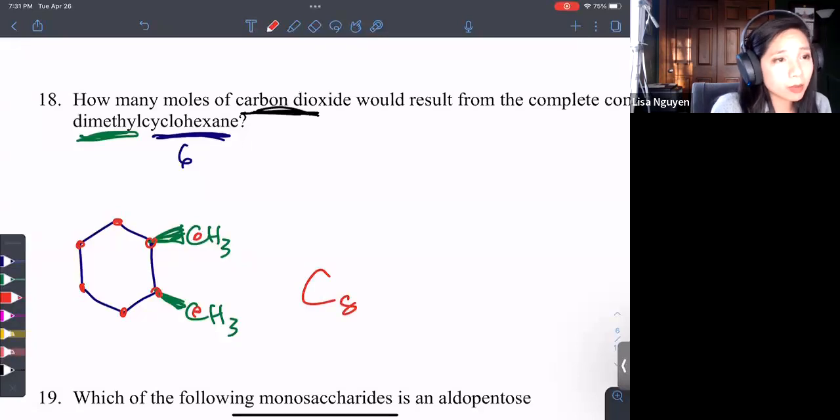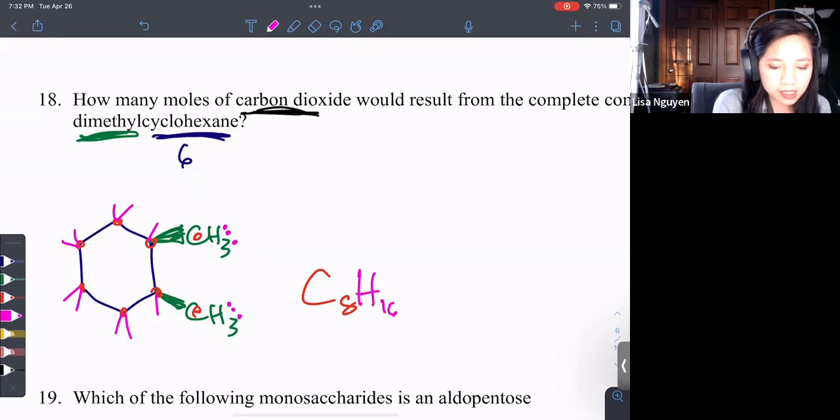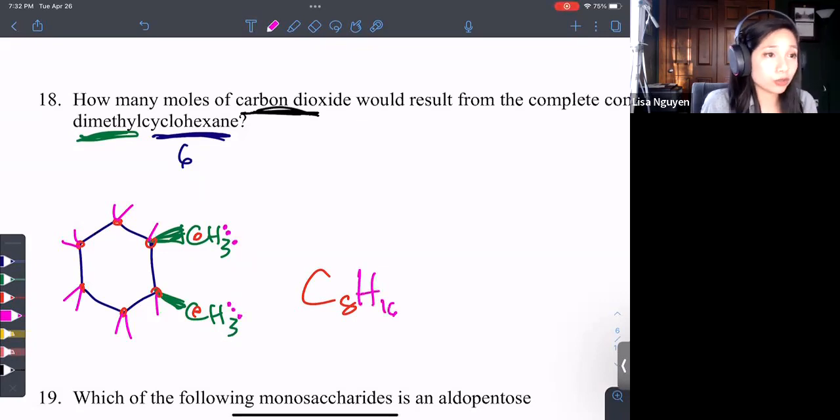And then we can get the number of hydrogens. Well, actually, we don't need the number of hydrogens here since we just need moles of CO2, but let's do this for completeness. So hydrogens, there's 2 on all of these carbons. So 8, 9, 10, 11, 12, 13, 14, 15, 16. There should be 16 hydrogens. So there's my chemical formula.